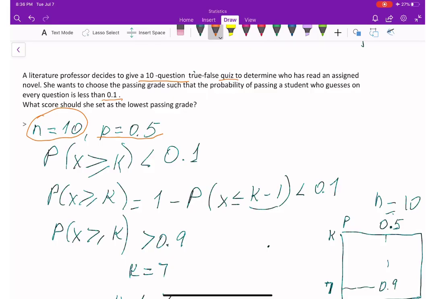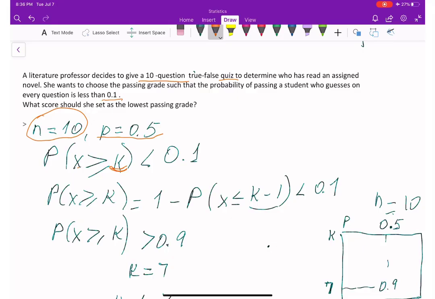Okay. So we need to find this K, meaning how many questions, what's the passing grade? So K is our passing grade. So X has to be at least this K, right?